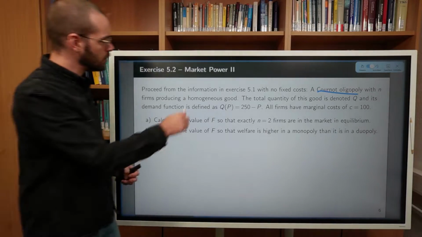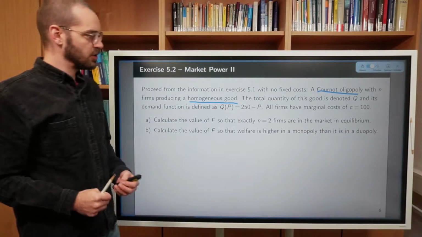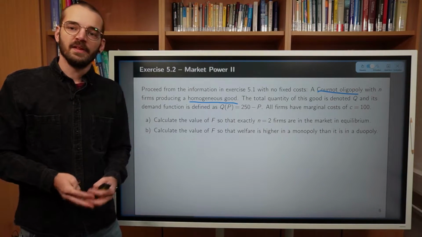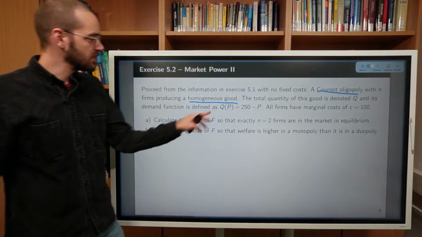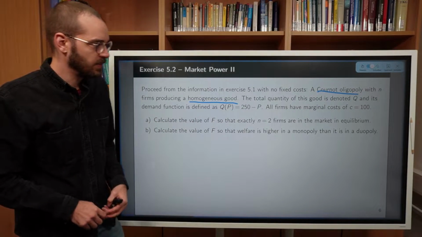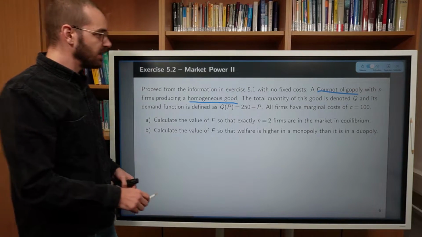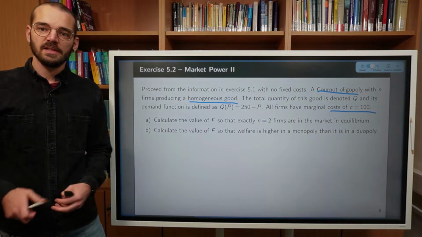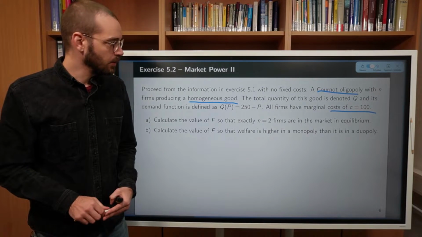We furthermore assumed a homogeneous good, a linear demand function Q as a function of price equals 250 minus P, and that all firms face the same constant marginal costs of c equal 100.